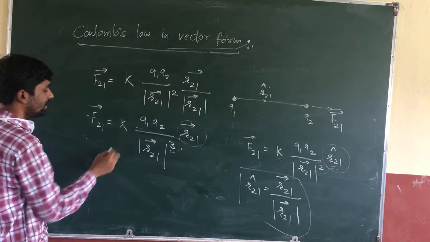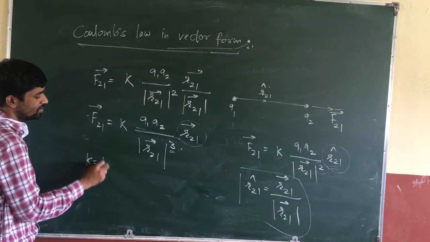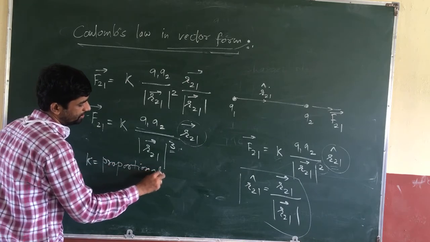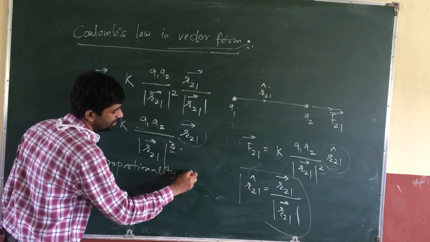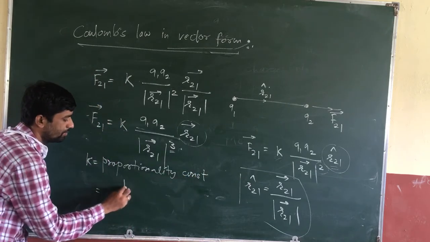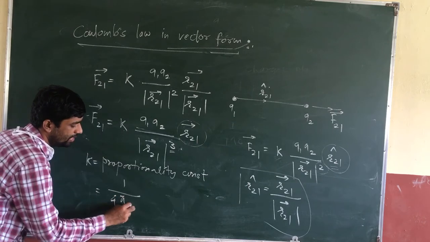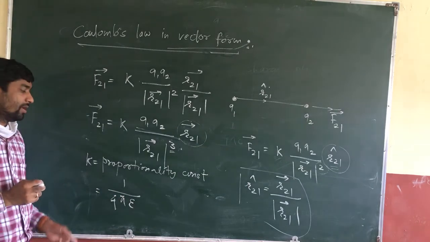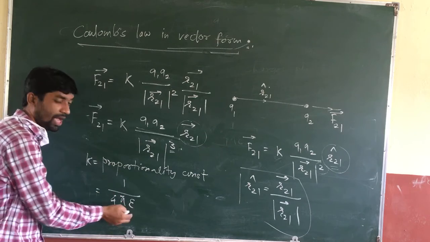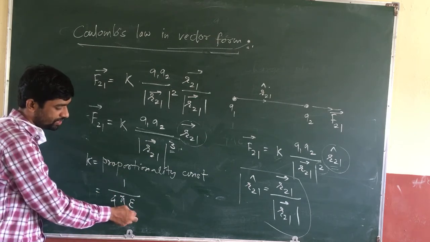So what is K here? K is known as the proportionality constant. The value of K depends upon the medium, and it is given by 1 upon 4 pi epsilon. I have mentioned it in the previous lecture.